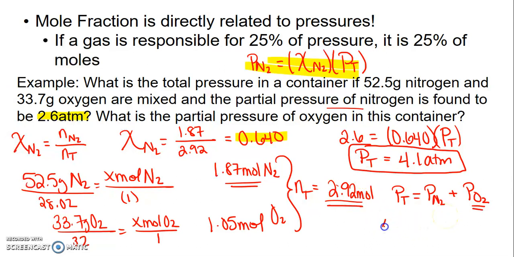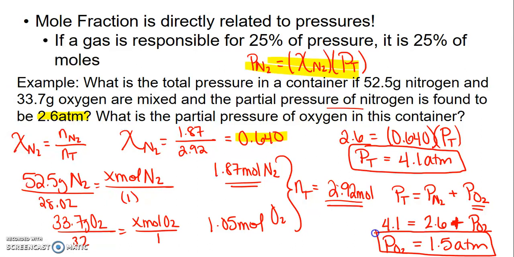The total pressure that we just found is equal to the partial pressure of nitrogen gas that the question gives us, plus the partial pressure of oxygen. Just doing some subtraction, we get that the partial pressure of oxygen in this particular container is 1.5 atmospheres. And so there is the second answer to that question.